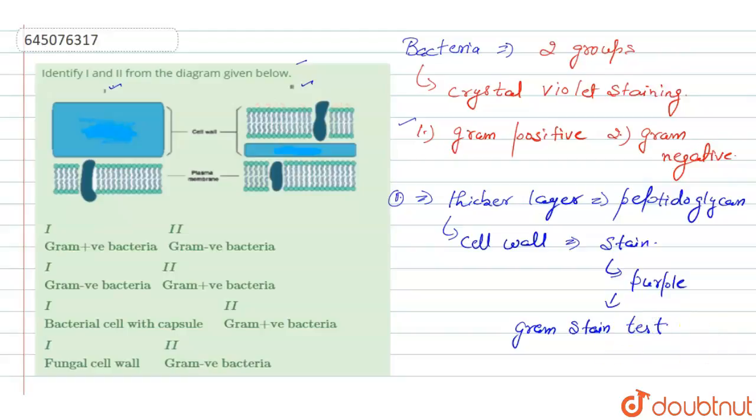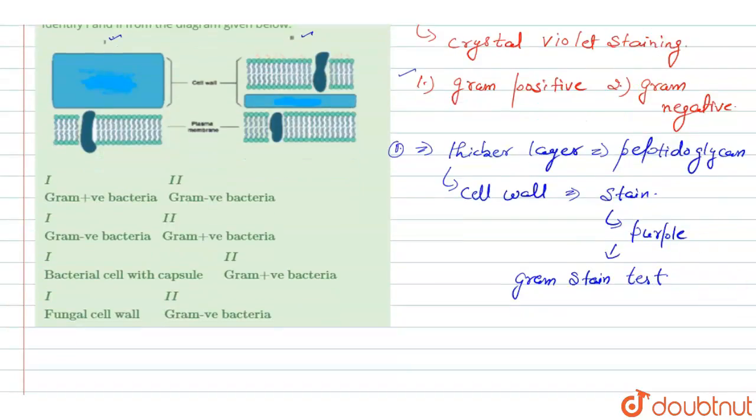Whereas when we're talking about the second kind of bacteria, the gram negative bacteria, what is the gram negative bacteria? The gram negative bacteria cell wall is composed of a thinner layer. Here it is the thicker layer of the peptidoglycan, here it is the thinner layer of the peptidoglycan.